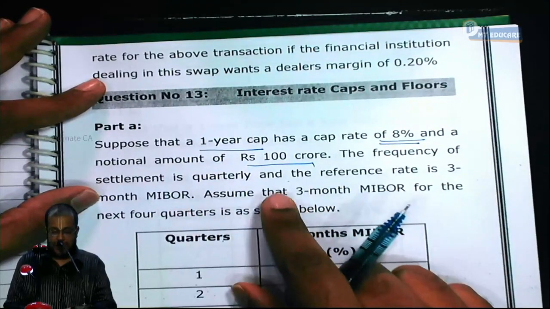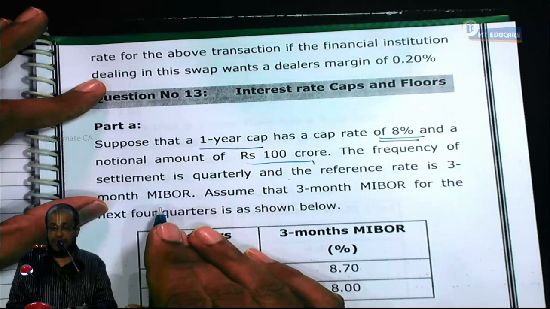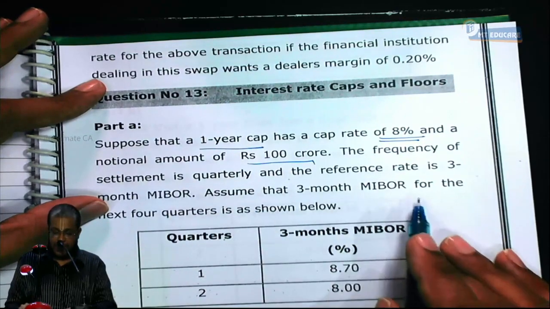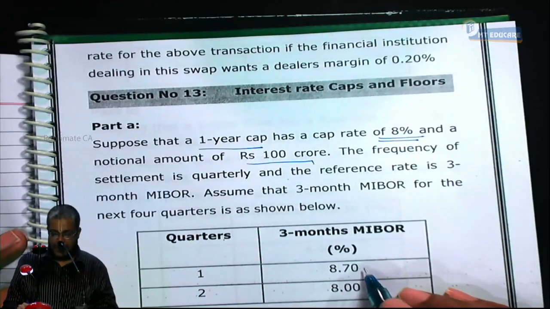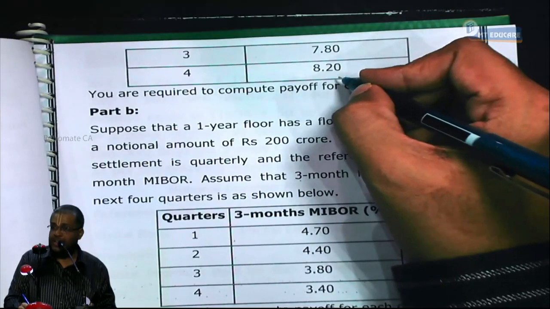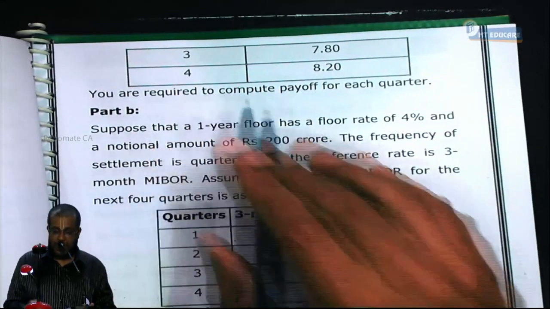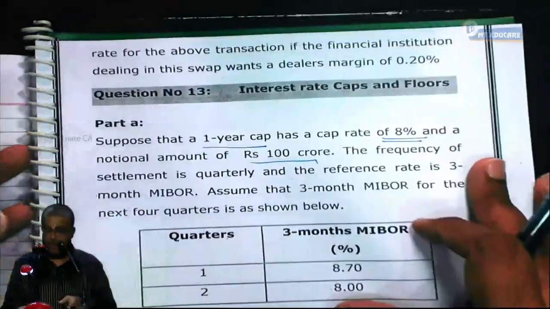Frequency of settlement is quarterly, and the reference rate is 3 months MIBAR. Assume the 3 months MIBAR for the next 4 quarters happens to be 8.7%, 8%, 7.8%, and 8.2%. You are required to compute the payoff for each quarter. Now, listen.